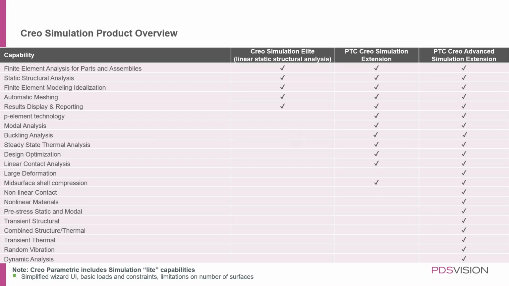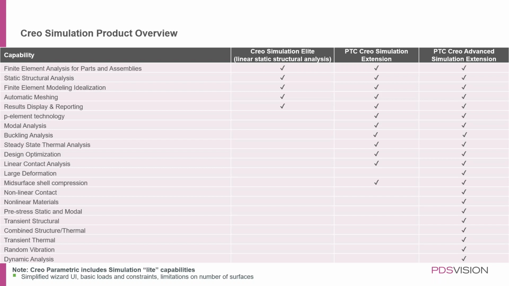So what can Creo Simulate do? What are the different license tiers? The license tier on the left, Creo Simulation Elite, is going to let you do linear static structural analysis, which is the example I'm going to be doing today. We can see that the different license tiers give you access to different features.